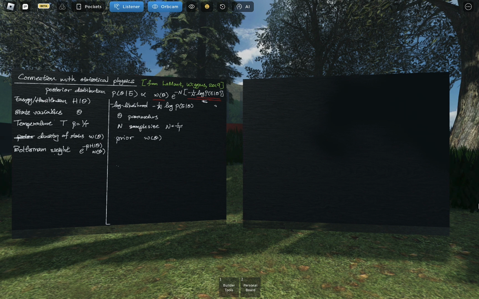Okay, so we have the same thing in learning land. Now these things are defined in terms of statistical quantities. And then there is the partition function, which is the normalizing constant for the Boltzmann weight.